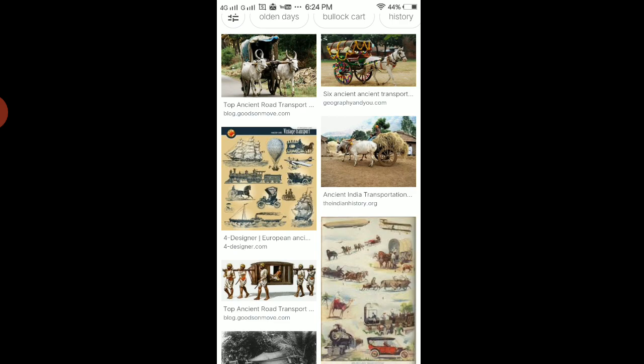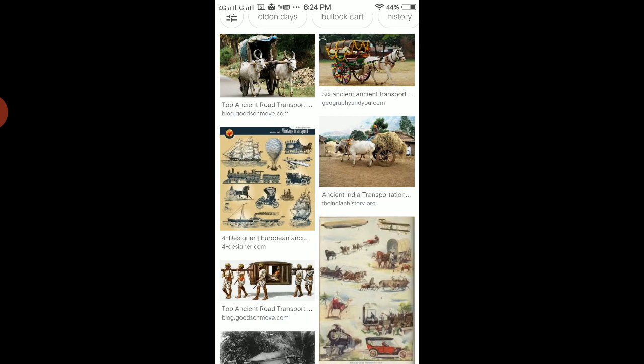To travel from one place to another, they would usually use animals like elephants, horses, bulls and oxen. And you can see that for the Maharajas and Maharanis, the road transport carried them and lifted them from one village to another. These are the different kinds of transport that ancient people were using.